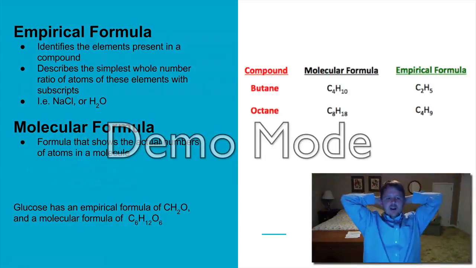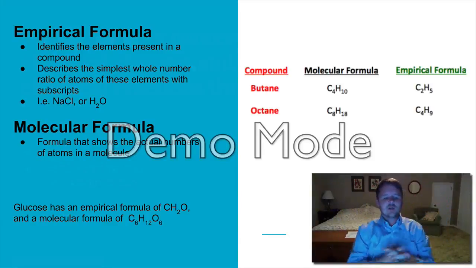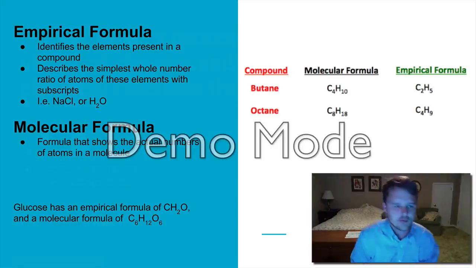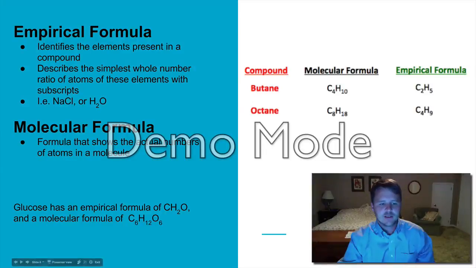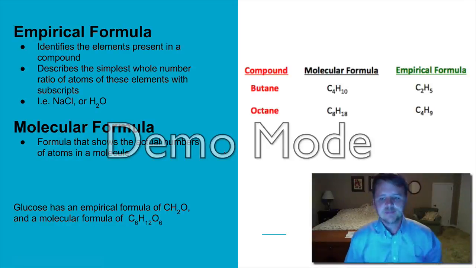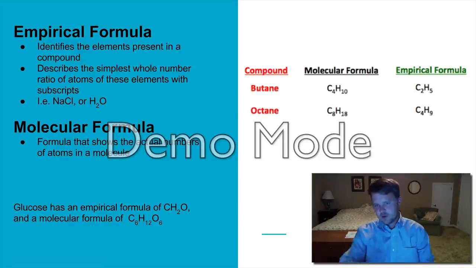So identify the elements. We have two different types of formulas, and it's really simple, really straightforward. The molecular formula listed here in the middle is the formula that shows the actual numbers of atoms in a molecule. So if I take the structure of a molecule and relate it into a formula, that's what I would use.